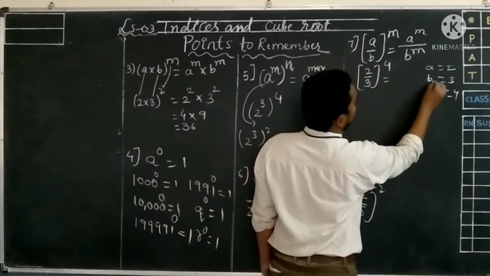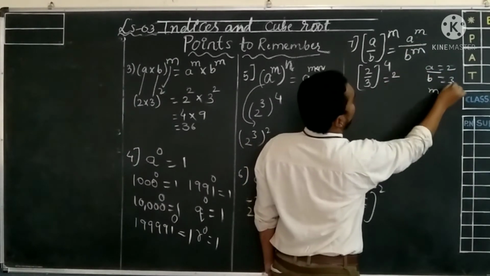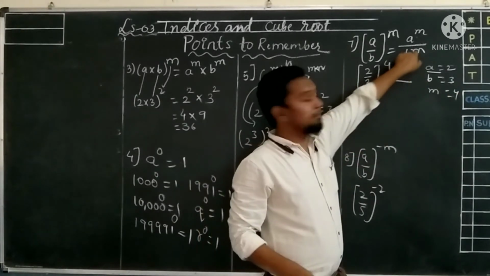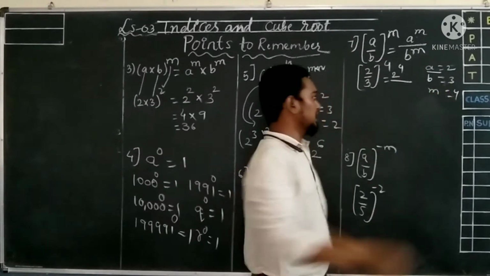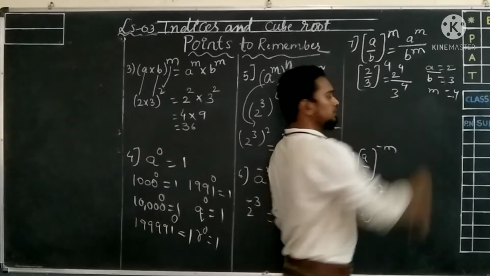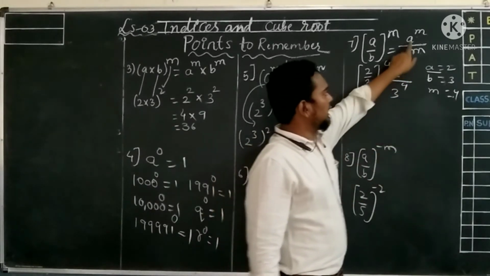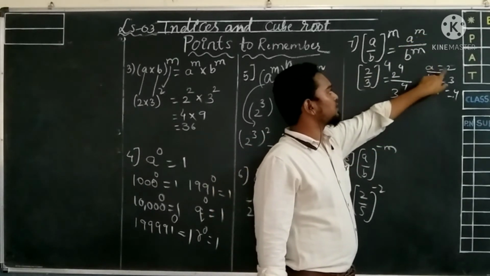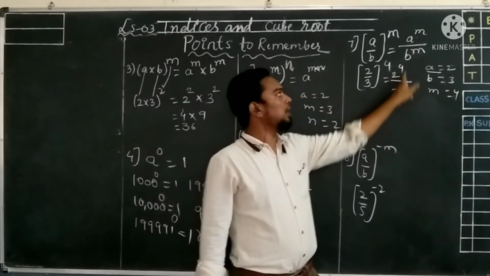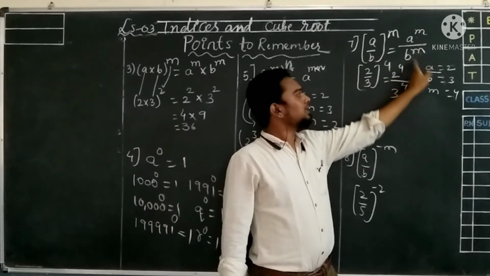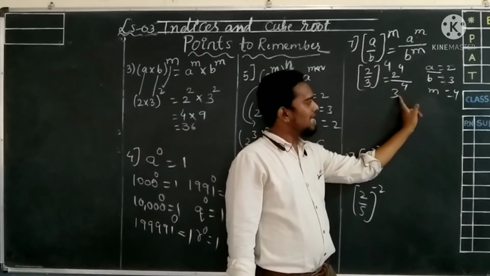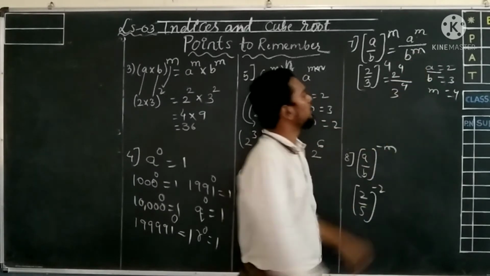A raised to m: a value is 2, m value is 4, upon b raised to m: b means 3, power 4. A to the power of m means a value 2 as it is, m value 4 as it is, upon b to the power m, b value 3 as it is, and m value 4.